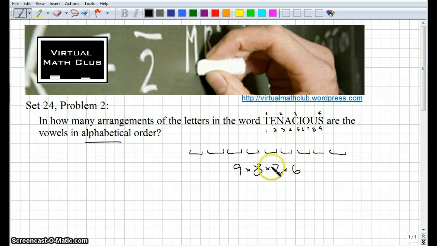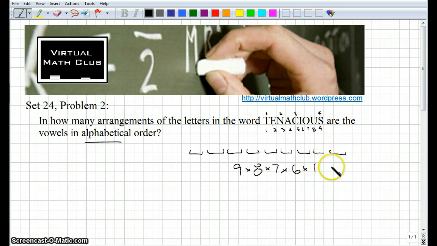They have to be A, E, I, O, and U. So if we place the consonants first, we have 9 places to put the first consonant, 8 for the second consonant, 7 for the third, and 6 for the fourth. So by the fundamental counting principle, which just says that we can multiply the number of ways to get the total number of ways, right? And then we only have one way to put the vowels in alphabetical order with the remaining 5 spots that are left after placing the consonants.